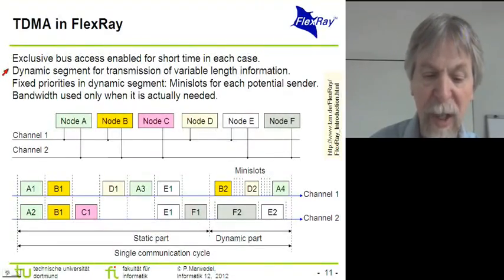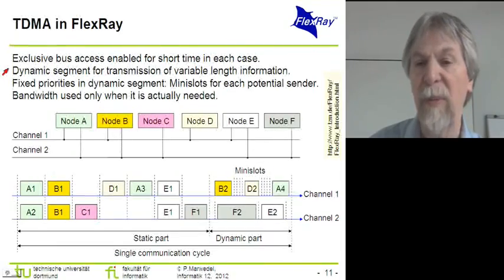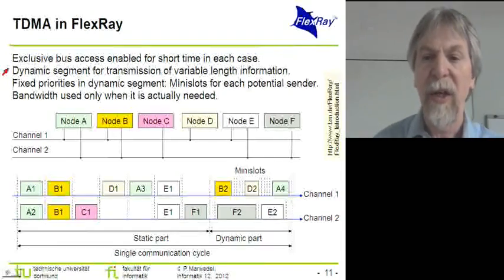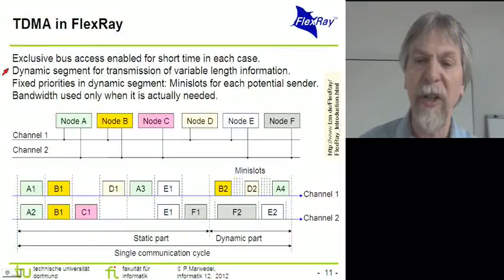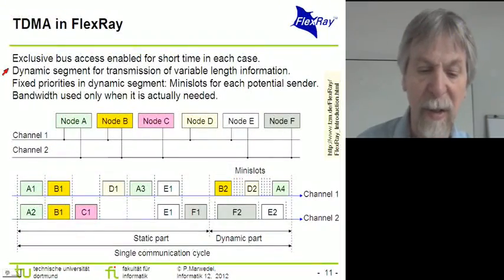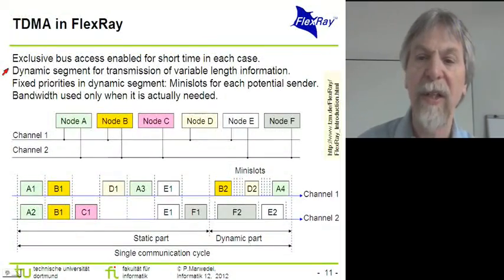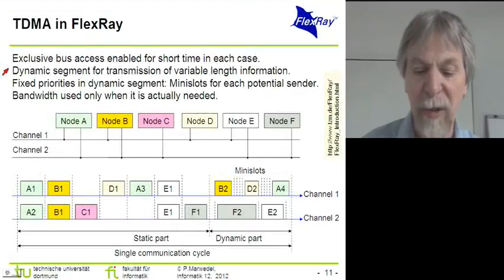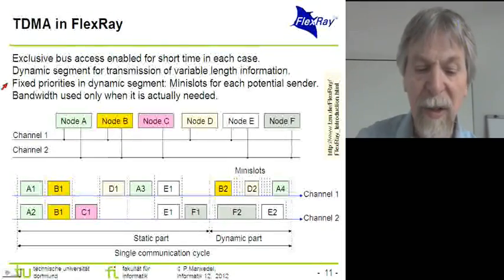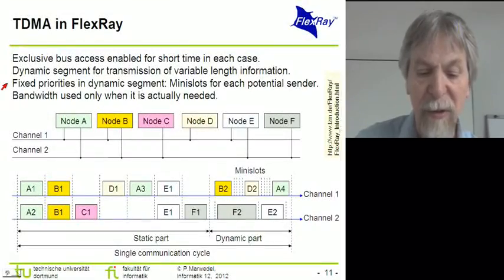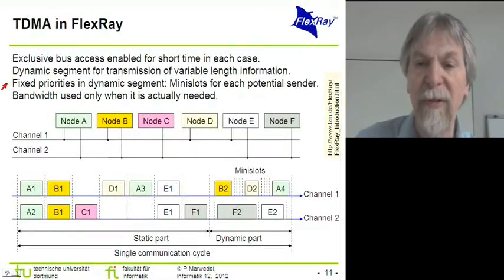In this dynamic segment, we do have the possibility of using a variable length interval there in case we are transmitting, for example, say, multimedia data. Within the dynamic segment, we also have fixed priorities.